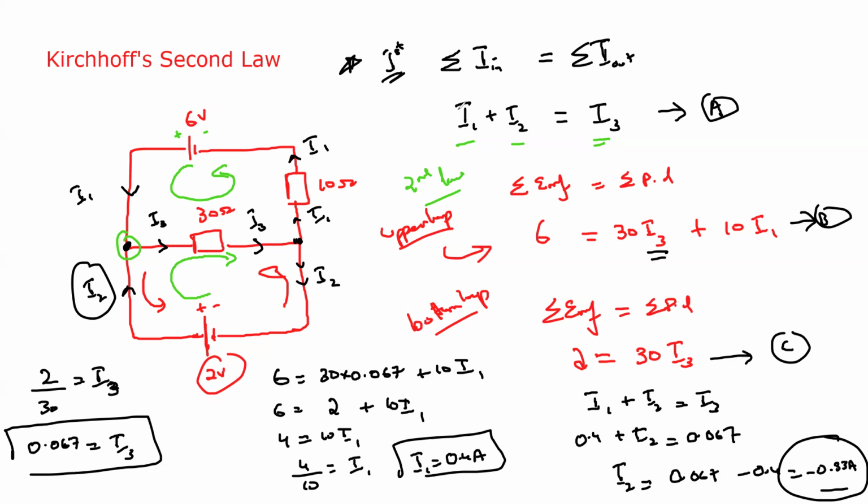Another example of Kirchhoff's law. Say we have a circuit with a 5 volt supply, a fixed resistor of 10 ohm, and the current I flowing through this resistor.